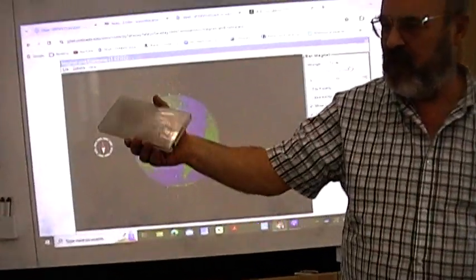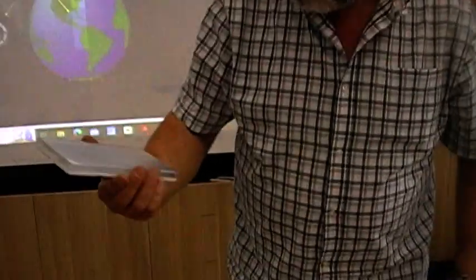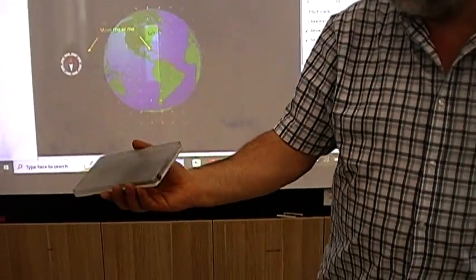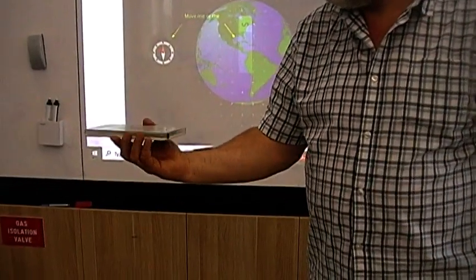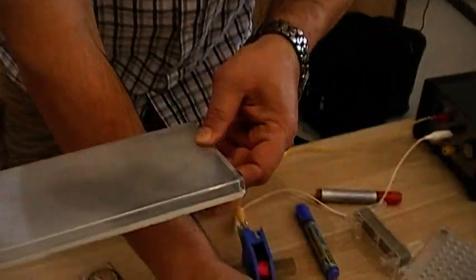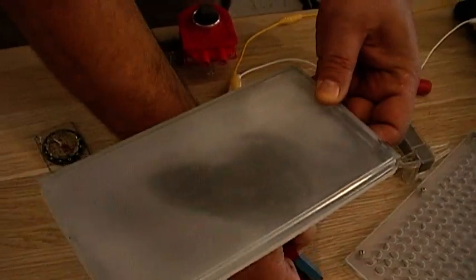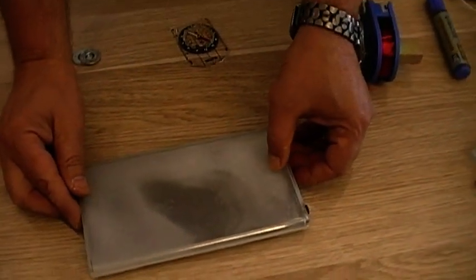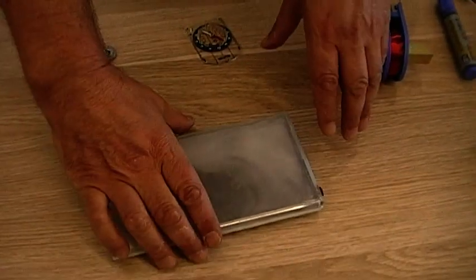So we have here some small magnetic pieces, and if we put them over the top of the magnet, what happens is they start aligning.